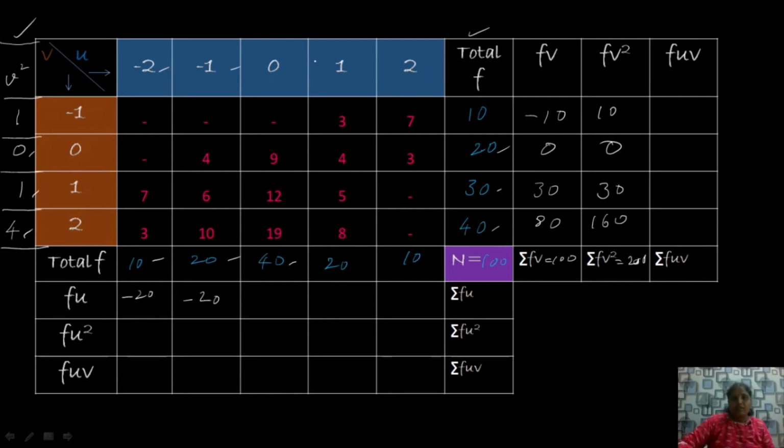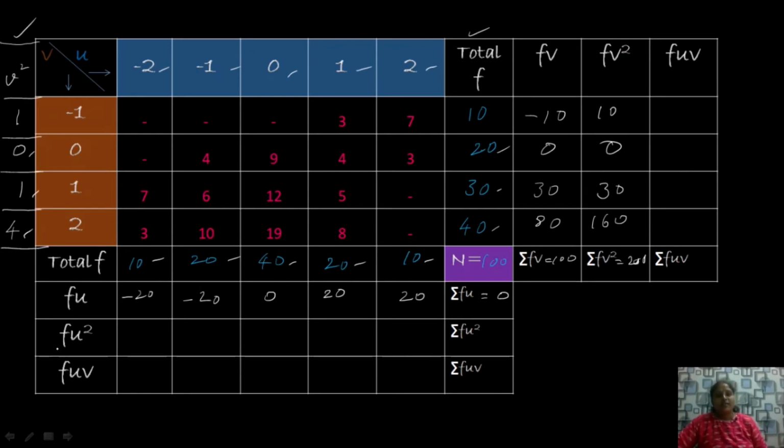And 40 multiplied with 0, you get 0. And 20 multiplied with 1, we get 20. And 10 multiplied with 2, you get plus 20. Adding all these values, minus 40 plus 40 becomes cancelled. So sigma FU, you get the total value as 0.